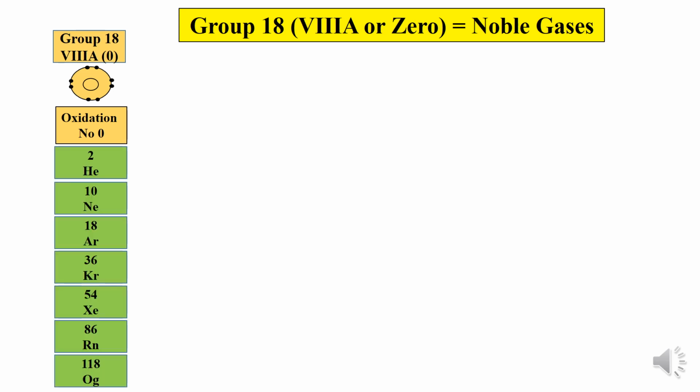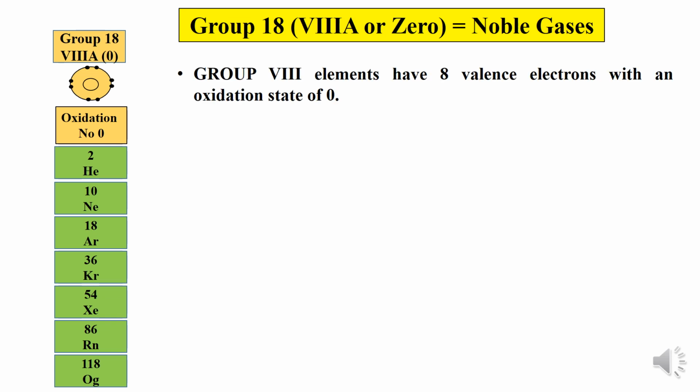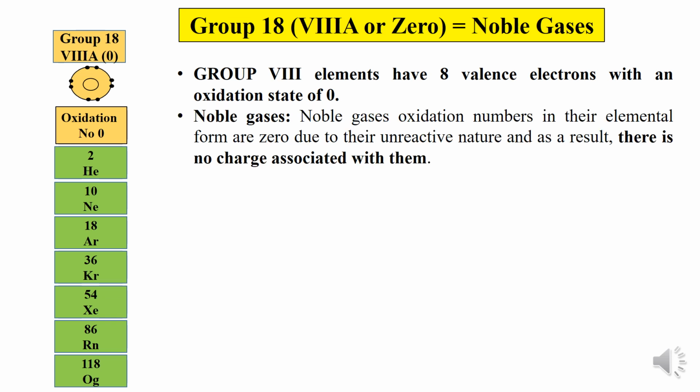The noble gases are helium, neon, argon, krypton, xenon, radon and oganesson. Group 8 elements have 8 valence electrons with an oxidation state of 0. They are also called noble gases.